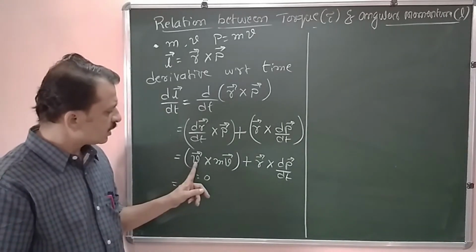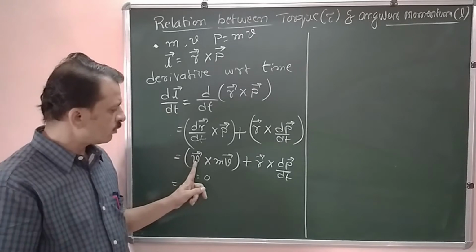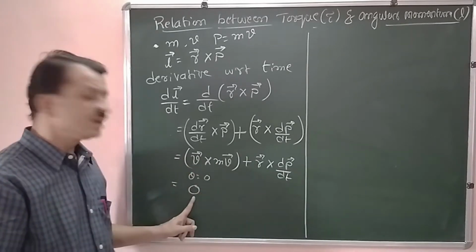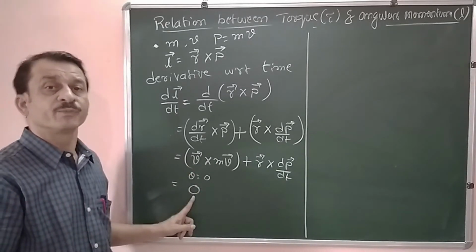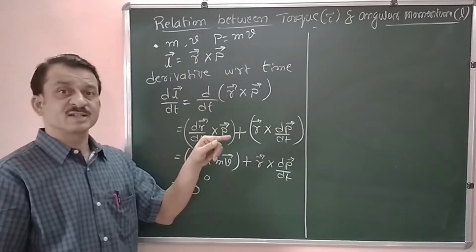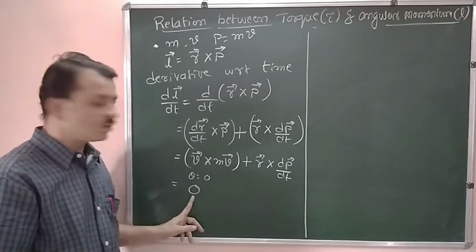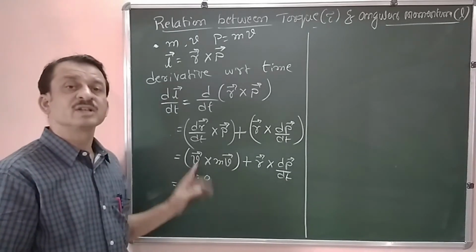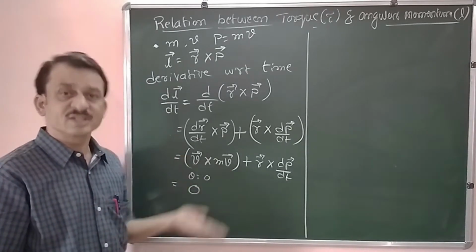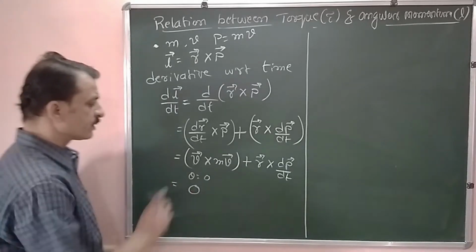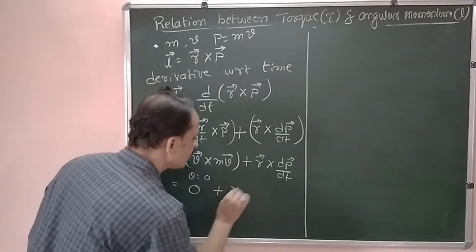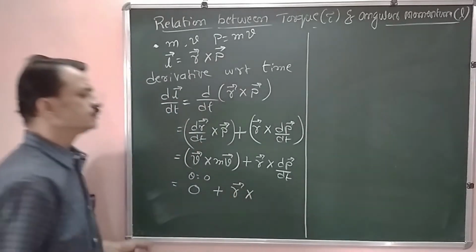The cross product of velocity vector and velocity vector is 0: i cross i is 0, j cross j is 0, k cross k is 0. Similarly, v cross v is 0 because the angle between them is 0, sin 0 is 0. This term vanishes.